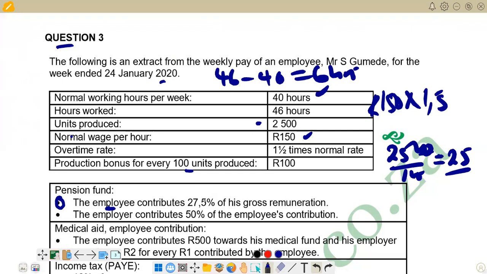Then we multiply by 27.5%, which as a decimal is 0.275. So we say 0.275 times 9,850.